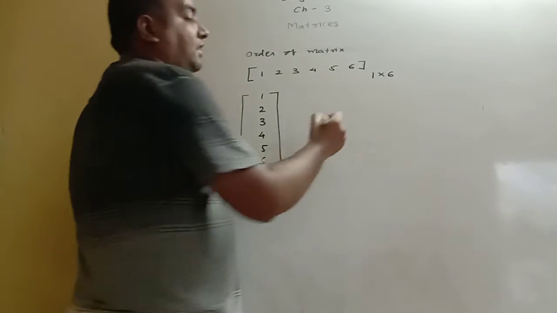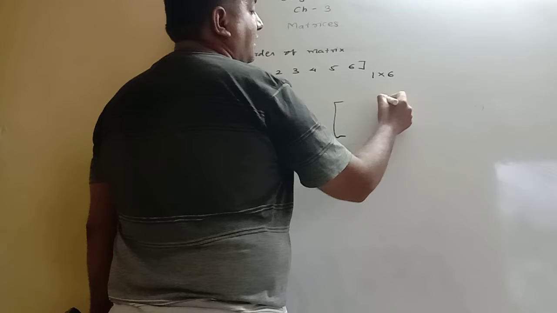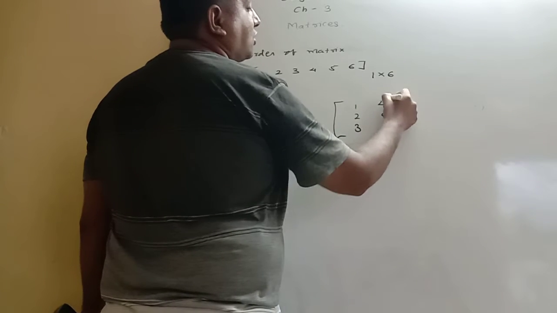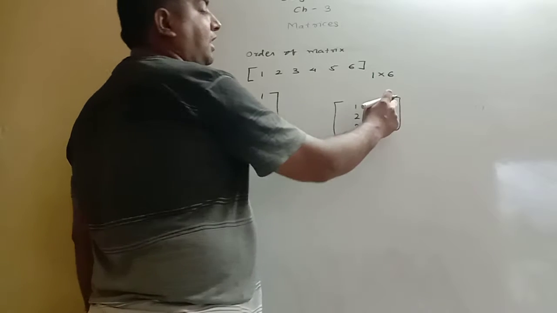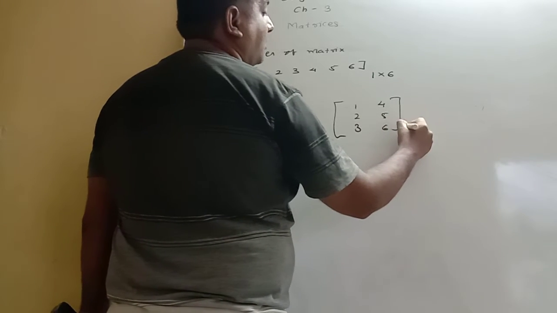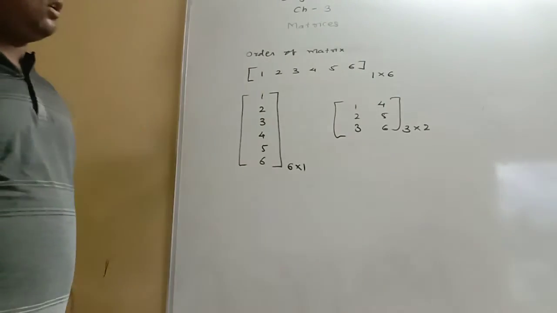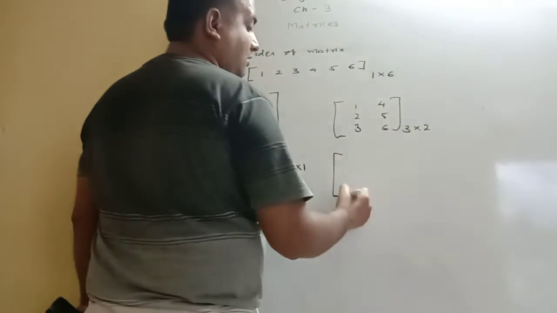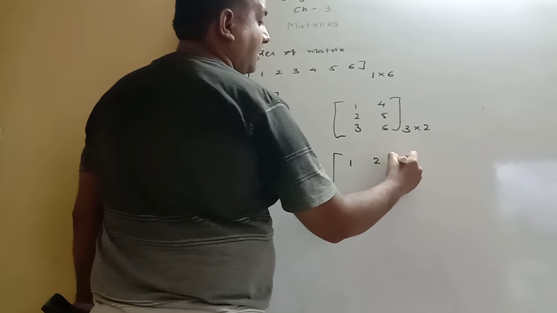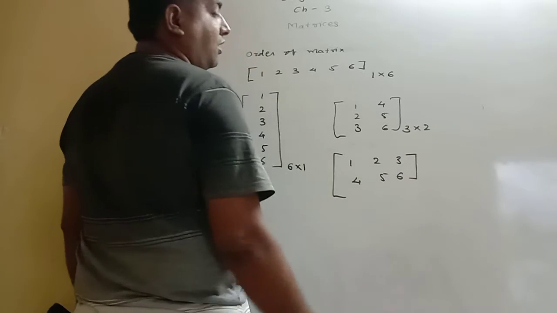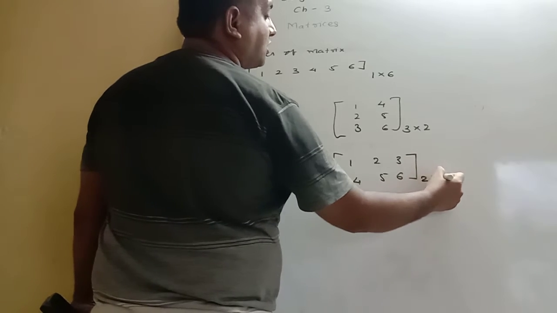Suppose we write 2 vertical lines, 1, 2, 3, 4, 5, 6. Horizontal lines are rows, so 3 rows and 2 columns, then it is called 3 by 2. Or we can write 2 horizontal lines and 3 vertical columns, then it is called 2 cross 3.